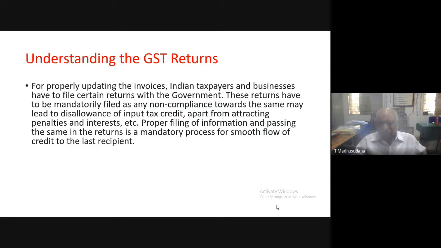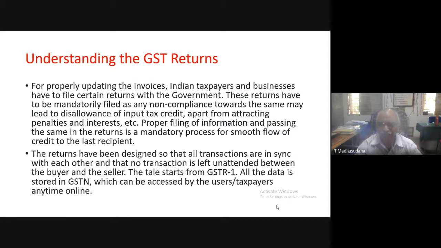In the GST returns, the information called for by the government has to be submitted online. The returns have been designed so that all transactions are in sync with each other and that no transaction is left unattended between the buyer and the seller.